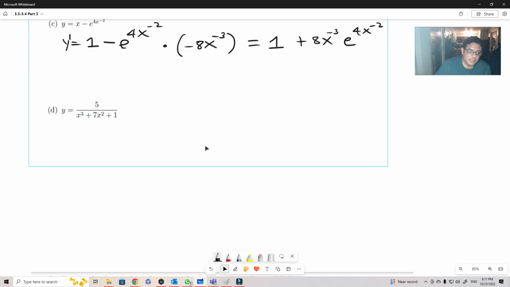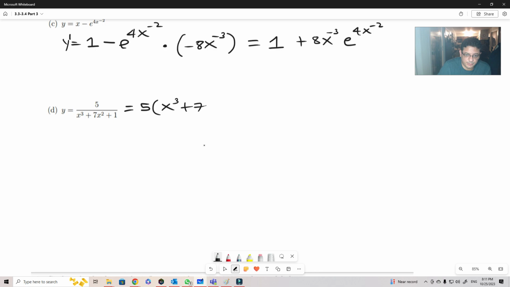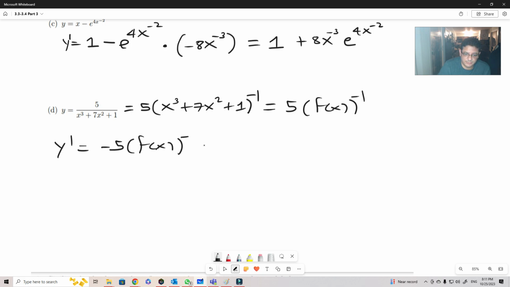Now the next one is one of those where I can just put up whatever is below. So I can see this as 5x cubed plus 7x squared plus 1, to the minus 1. And so again, this is like I have a function f of x here to the minus 1. And so if I do y prime, then this is just minus 5 f of x to the minus 2 by the rules of the power, and I've got to multiply by f prime of x.